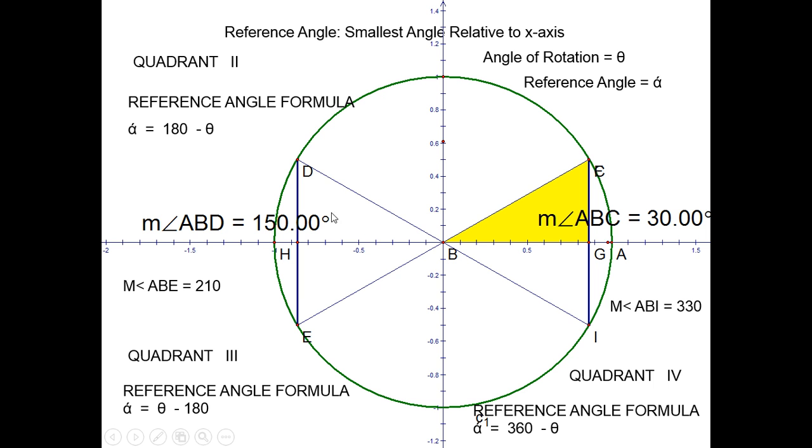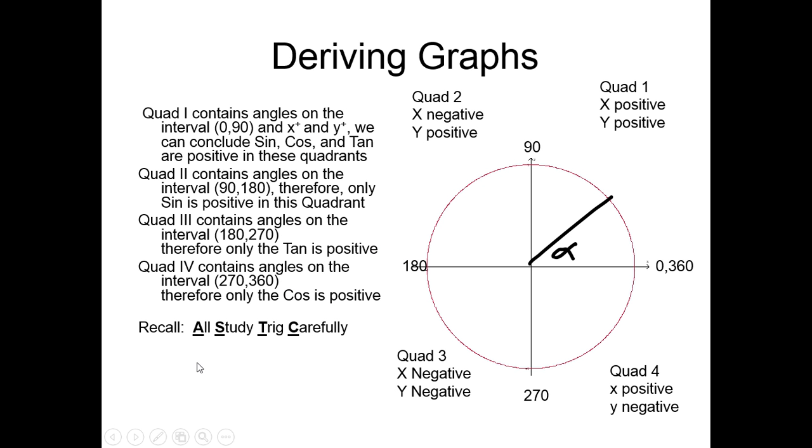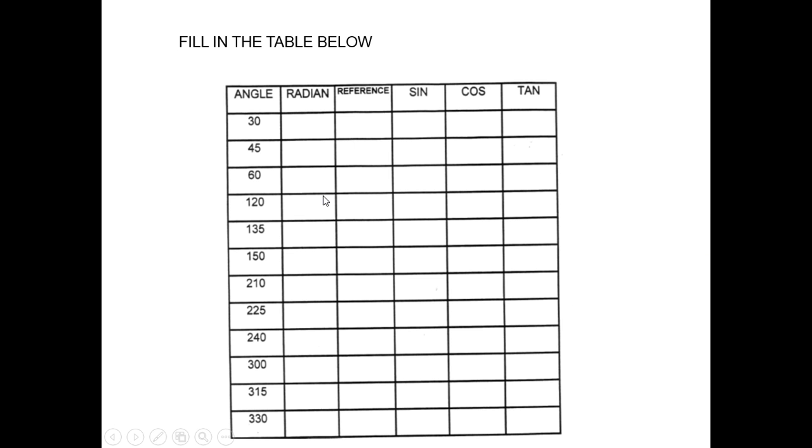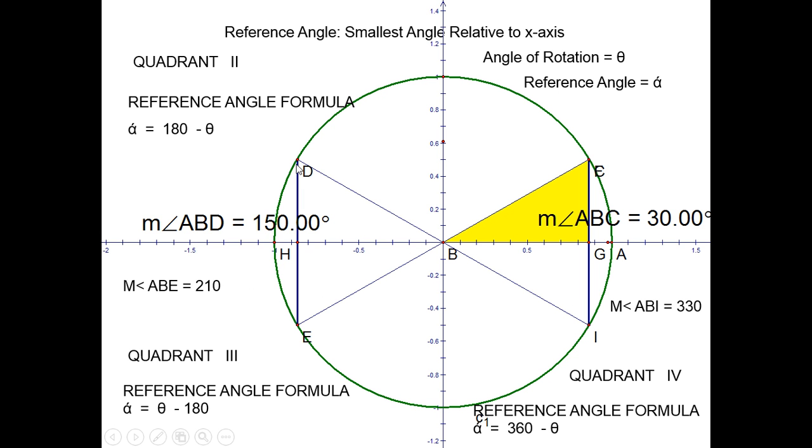And the way which we can remember that is from the previous little mnemonic, all study trig carefully, that in quadrant 2, the sign is also positive, and its numeric value is 180 minus 150, or 30 degrees.